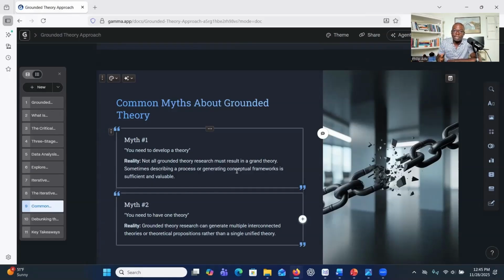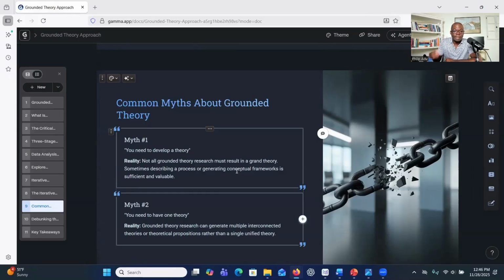But the most important thing is to be transparent and say that maybe I reached focus coding process and I was able to develop themes, but I couldn't go further because I don't have enough data, or I don't have the resources to collect more data from participants to go to the next stage, which is theoretical coding. Or sometimes you reach the theoretical coding at the initial stage, but you didn't go further to collect new data to test the theory.